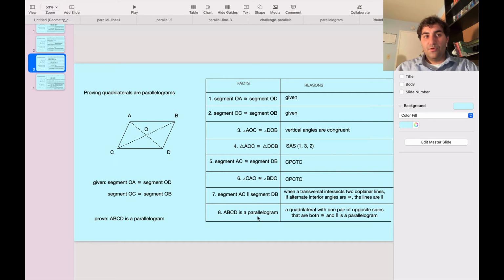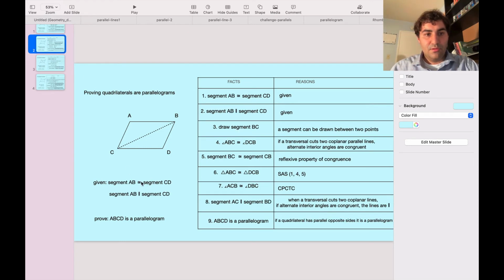And we're going to use a property that we just proved: if a quadrilateral has one pair of opposite sides that are both congruent and parallel, then that quadrilateral is a parallelogram. I'm not sure if I said that in my last slide. In the last slide, we showed that if one pair of sides in a quadrilateral are both congruent and parallel, then that quadrilateral is a parallelogram.